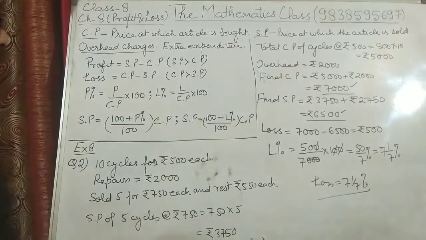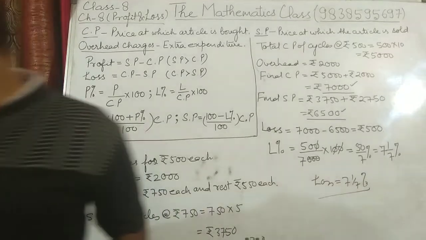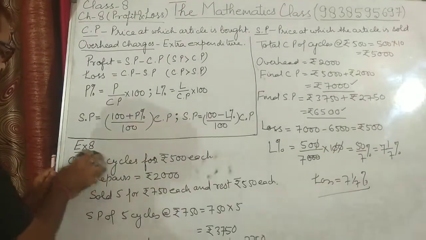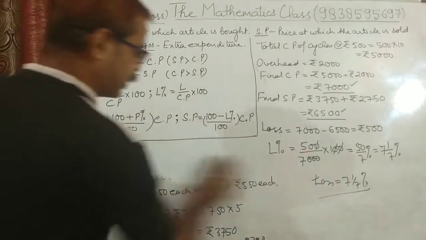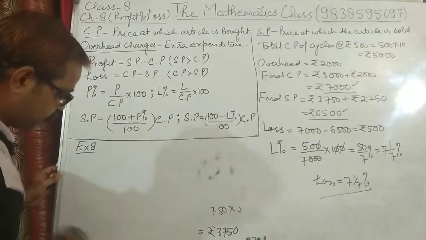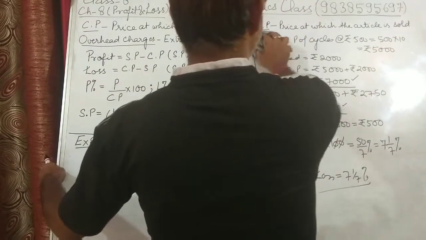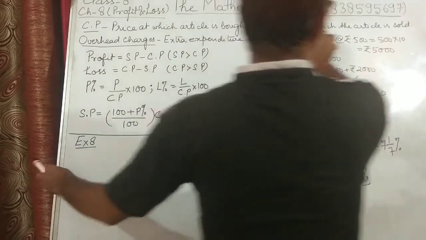I hope this question will be clear to you. Now we move on to question number 4. I'm rubbing it out and leaving these formulas so that you can remember them, memorize them and learn them.